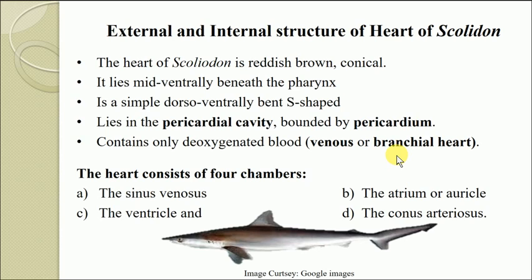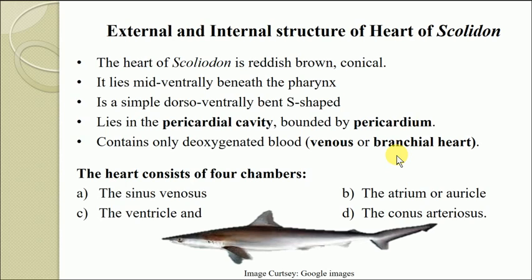Whatever blood comes into the heart of scoliodon is deoxygenated and is pumped towards the gills for oxygenation, hence it is referred to as a venous or branchial heart. Branchial heart because it pumps the blood towards the branchial, that is the gills region. So this is the introduction.